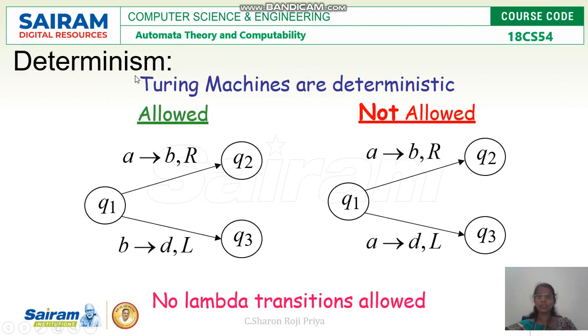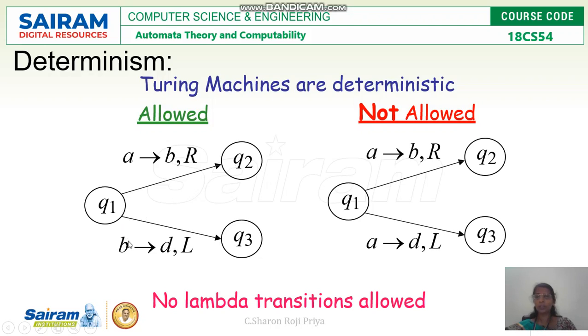Coming to the next one, Turing machines are deterministic. You know the meaning of deterministic. When a state reads the input, there will be a transition to only one state. It cannot move to more than one state. See here, in state Q1, when it reads input A, there is a transition to Q2, A is replaced with B, and the direction of the read-write head is specified. For input A, there is a transition to only one state.